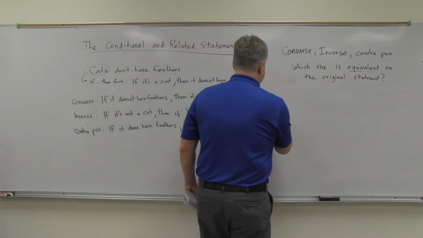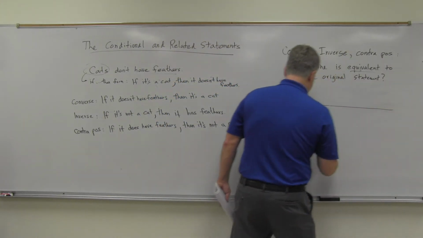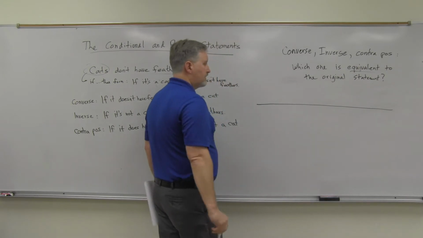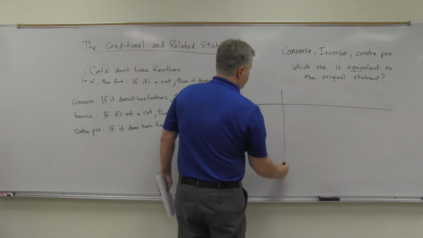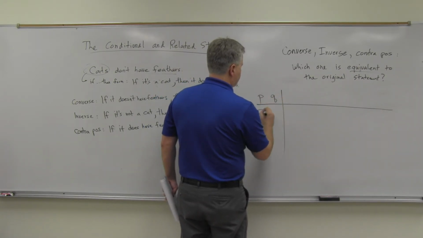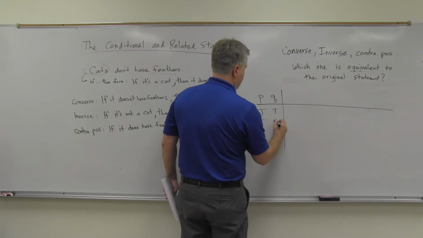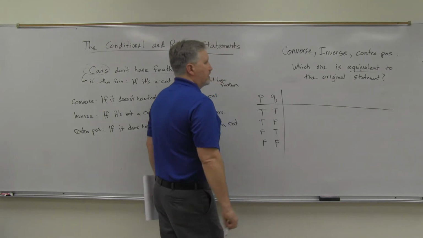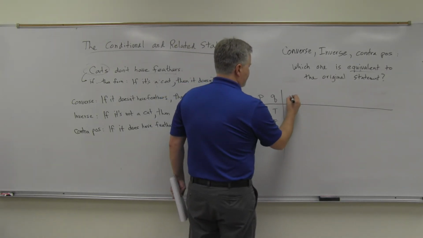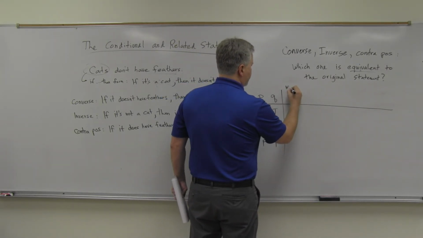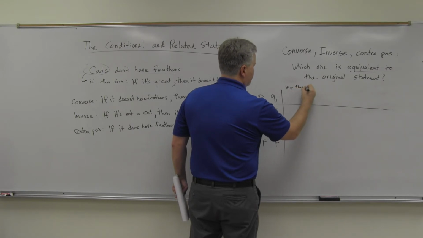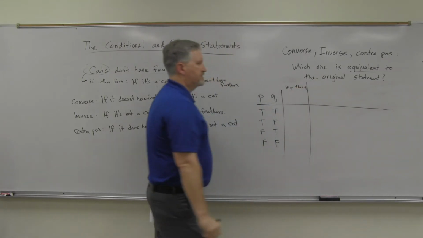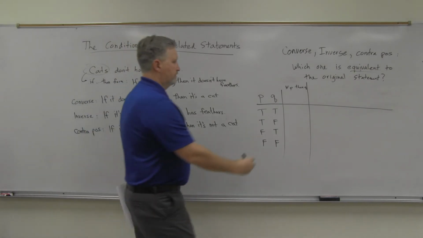I'm just going to look at these statements here on a truth table. P, Q: true true, true false, false true, false false. Real quick here, to give us a little more practice on these. All right, so the original statement is going to be if P then Q, or P arrow Q.